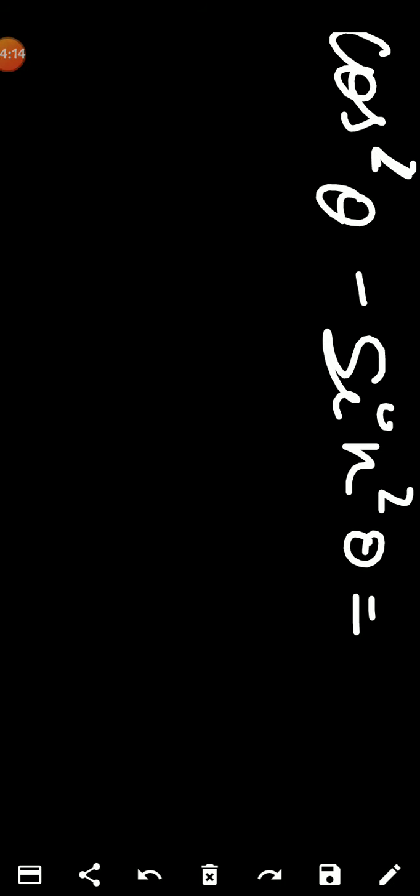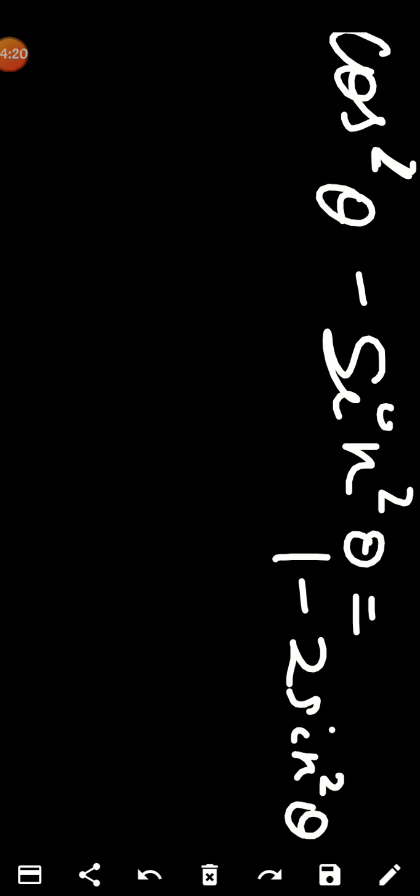Okay, so now let's see one more identity, that is cos square theta minus sine square theta is equal to 1 minus 2 sine square theta. So how do we do this now?